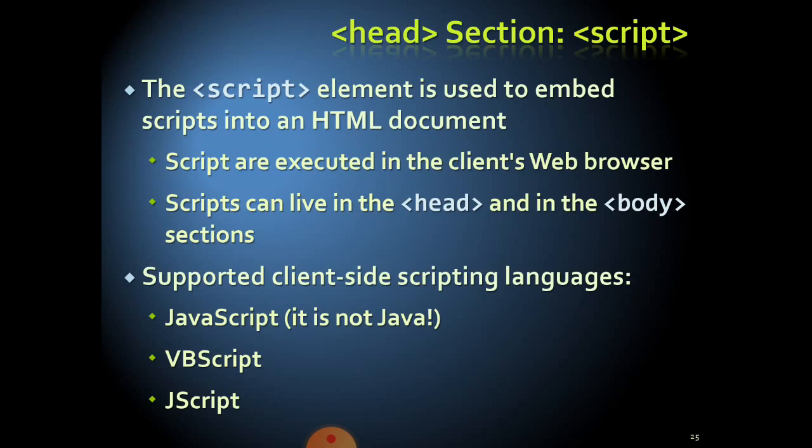So in these two places the scripts can be executed. Supported client side scripting languages are JavaScript, VBScript and JScript. These are the three supported scripting languages on the client side.